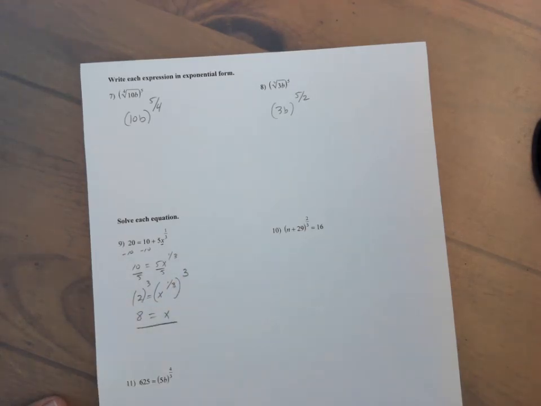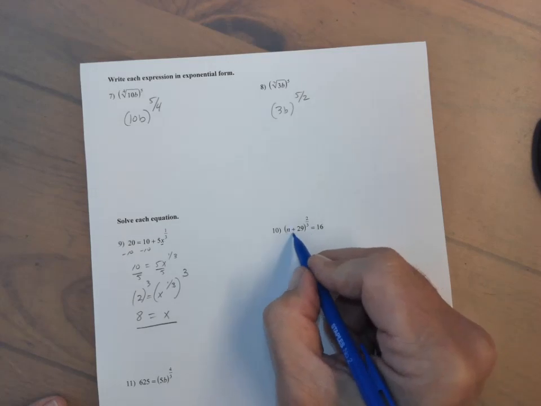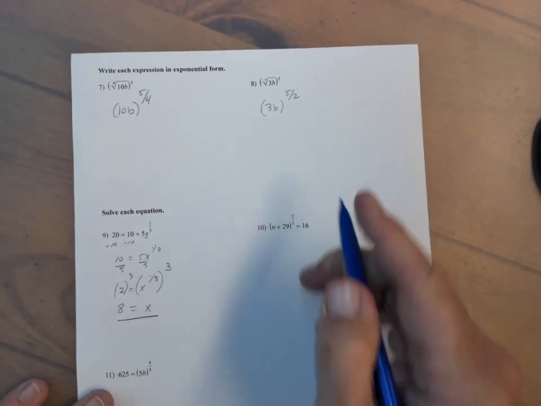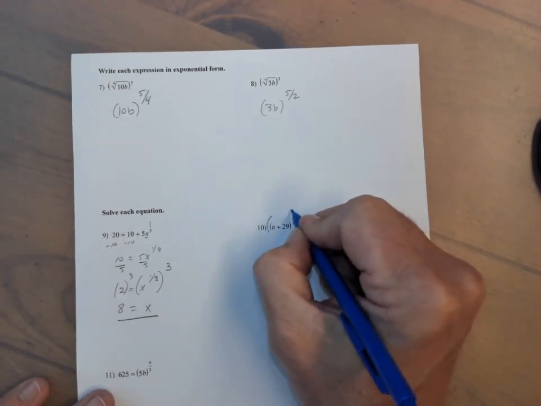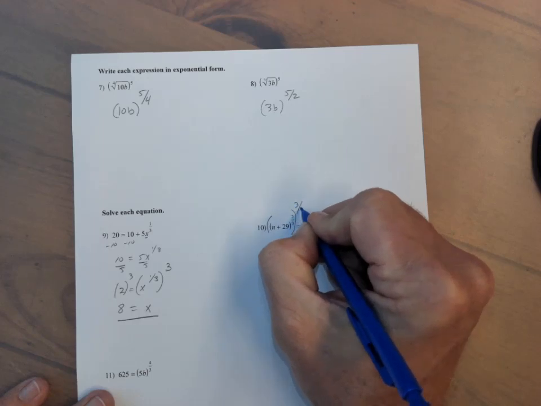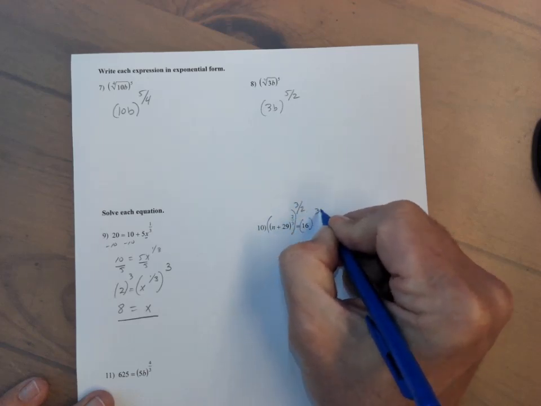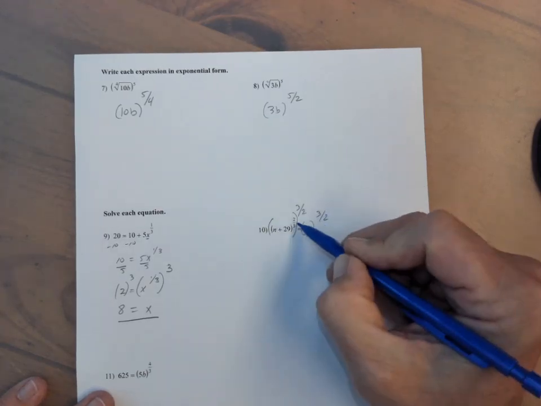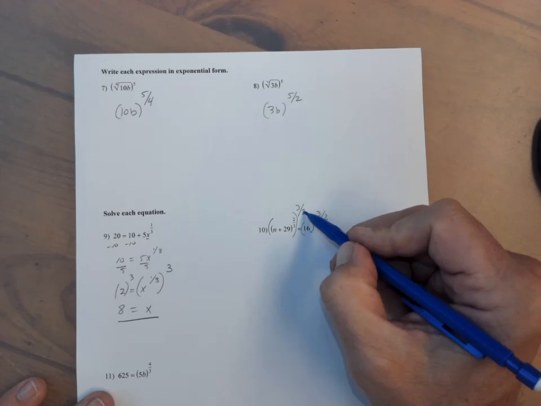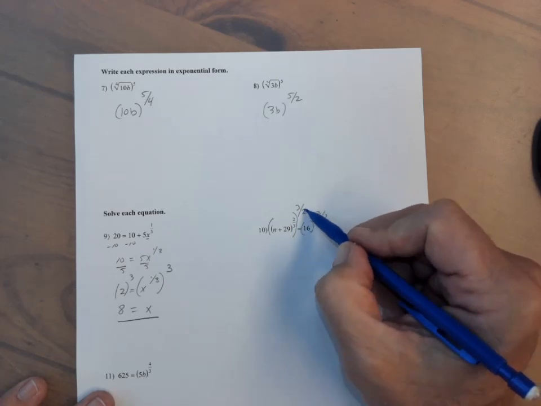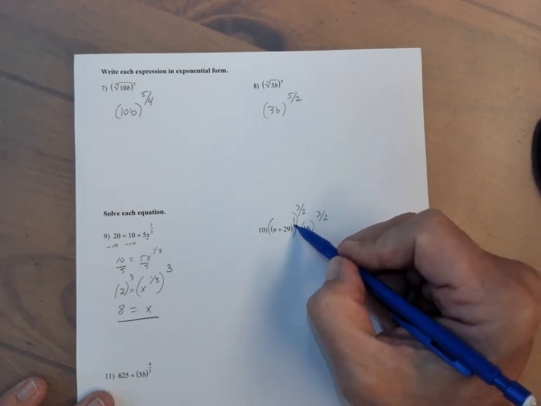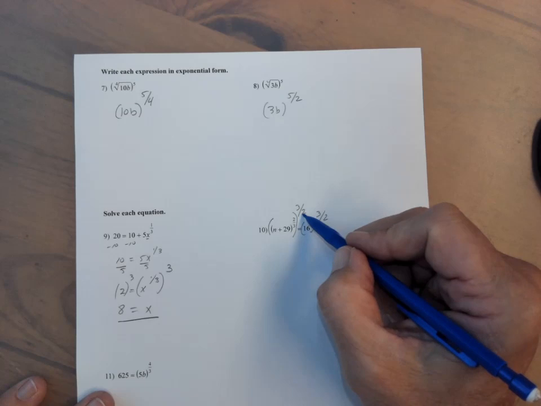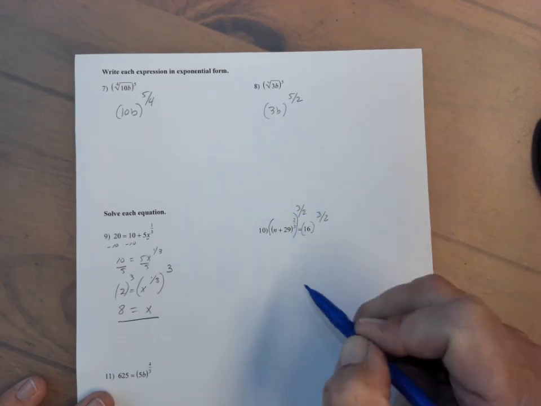Okay, over here, we've already isolated the expression with our variable, so we're going to raise it to the reciprocal power of 2/3, which is 3/2. The reason we do that is our power to a power rule, we're going to multiply, and any number multiplied by its reciprocal equals 1.